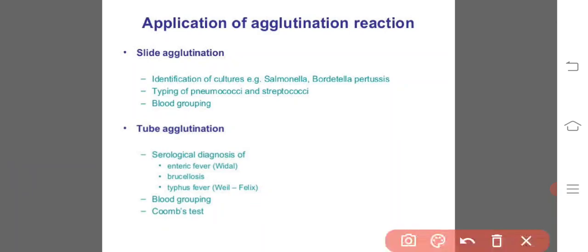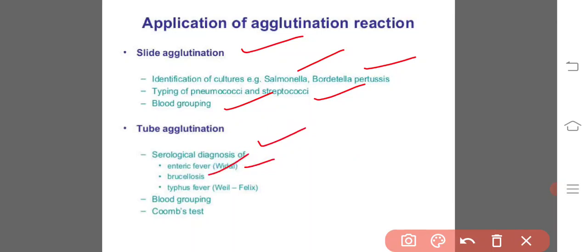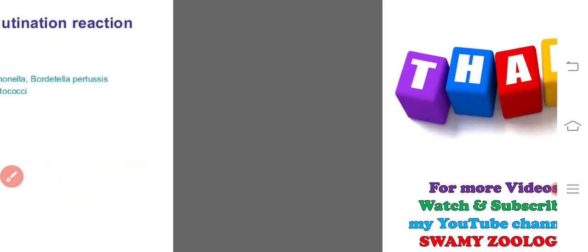So here there are different applications of the agglutination reaction. Slide agglutination: identification of cultures like Salmonella, Bordetella pertussis, typing of pneumococci and streptococci, and blood grouping. Whereas the tube agglutination is applied for serological diagnosis of enteric fever through Vidal, brucellosis, typhus fever through the Weil-Felix reaction, blood grouping, Coombs test, all these under the applications of the agglutination reaction.